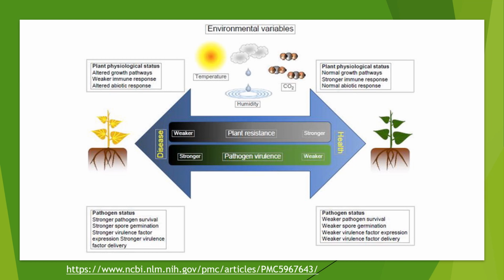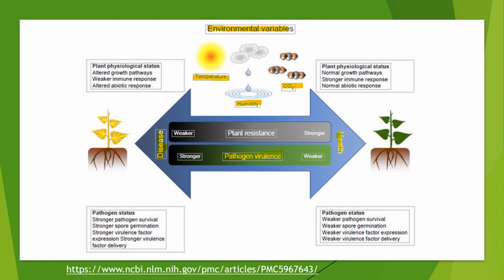Now obviously this is also dependent on the environmental variables. What are the environmental variables? Most important are temperature, humidity, and carbon dioxide. They play a role in determining whether a plant will be healthy or weak and catch the disease. It also depends on the environmental factors which influence the virulence of the pathogen.